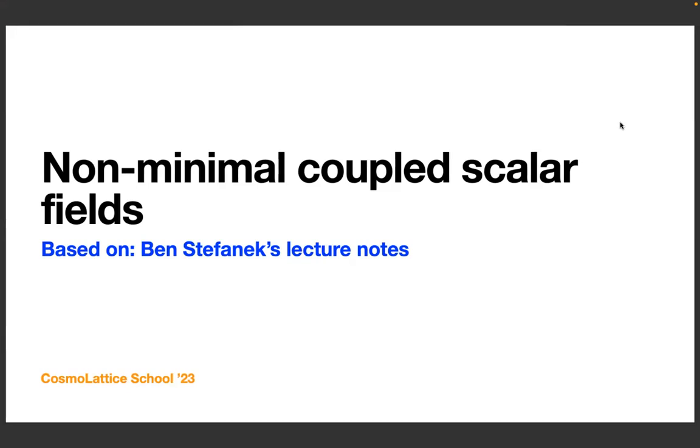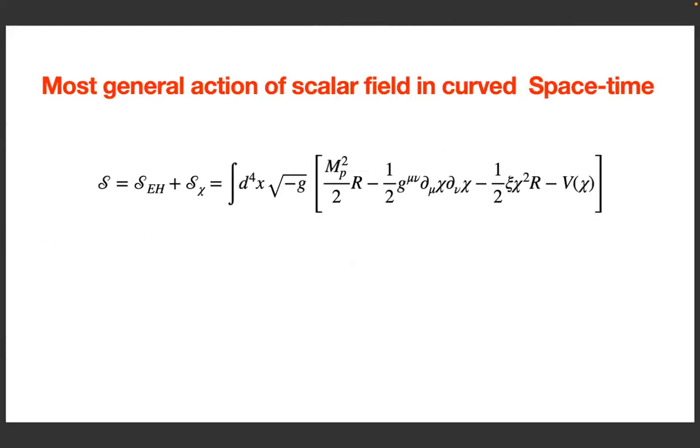So let's begin. Let me start by writing what would be the most general Lagrangian you can write down for a scalar field in a curved space-time. As you can see, we have the Einstein-Hilbert action, represented by the Ricci scalar. We have a scalar field with its canonical kinetic term plus its potential, and here I have what is called the non-minimal coupling of this scalar field to gravity, given by this kind of coupling, ξ χ² R, with this coupling strength ξ.